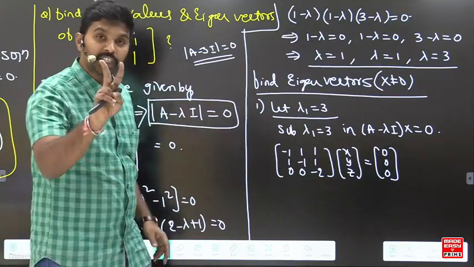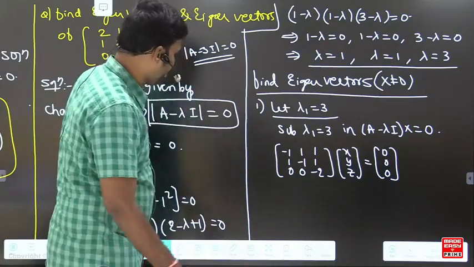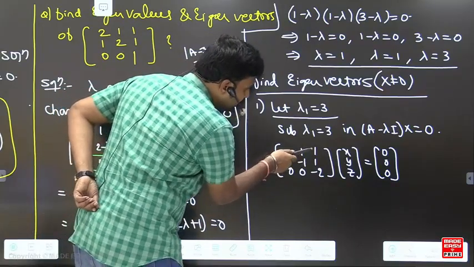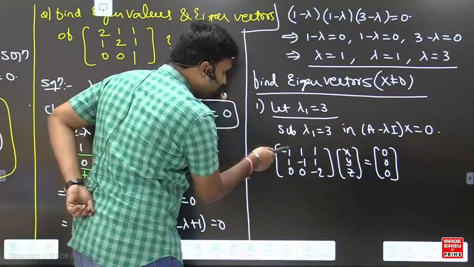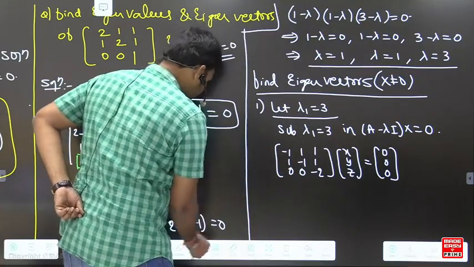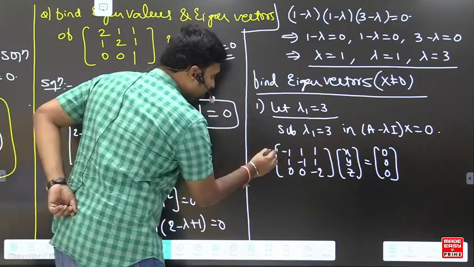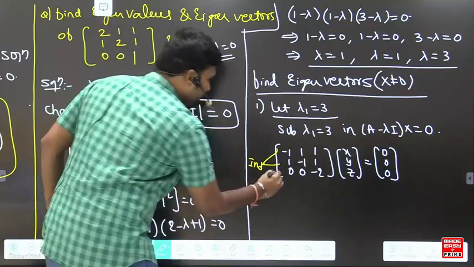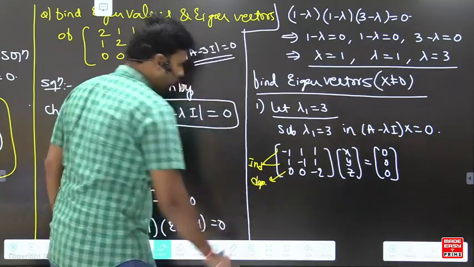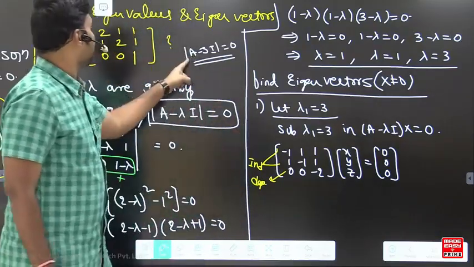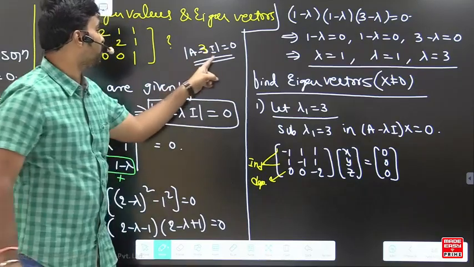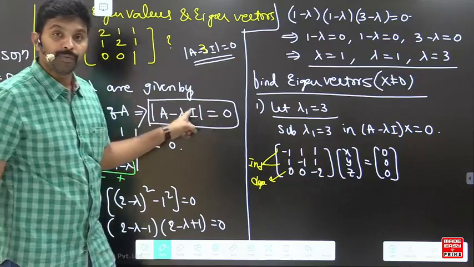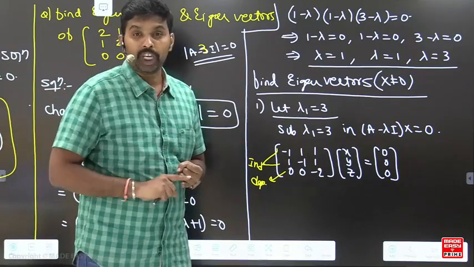So let us take only 2 independent equations. Any 2 you take. The ratio is minus 1, the ratio is minus 1, the ratio is 1. Since the ratios of the first 2 equations are not the same, I will consider these 2 as independent equations, so that this one is going to be the dependent one. Again, since the determinant of A minus lambda I for lambda equal to 3 is 0, at least one equation will be dependent.